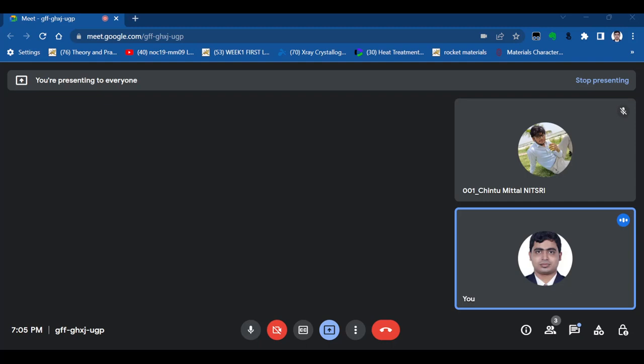So this will be BD divided by AD. Okay, so this length BD divided by this whole length AD. So this is the lever rule.